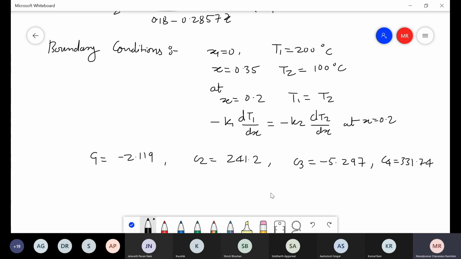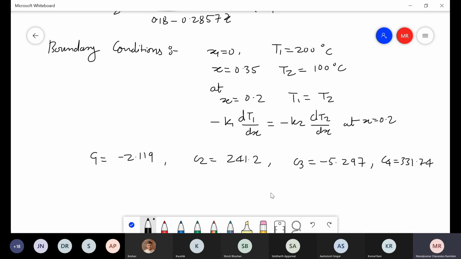I'm getting a positive sign in C3. Otherwise, the value is the same. Maybe C1 you are getting negative and C3 positive? Not possible. But the value is the same. Maybe I have made some calculation error. I will check. Because C1 and C3 both are related.